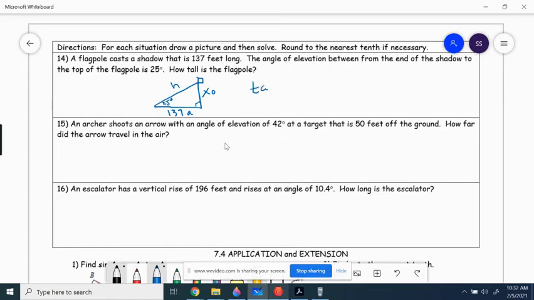So this is going to be the tangent of 25 is equal to x over 137. And we have the number in the denominator. So we're going to just multiply by 137 on both sides. And we should be good. We should get x is equal to 63.9 feet.